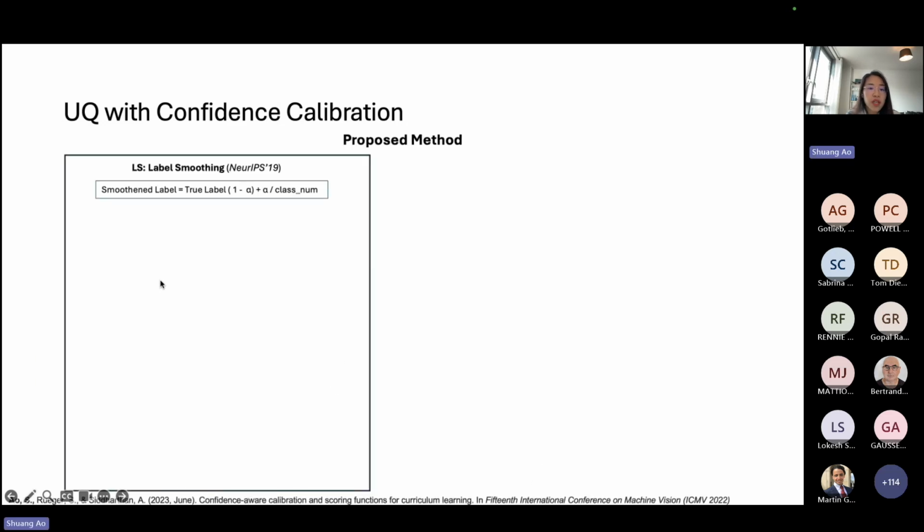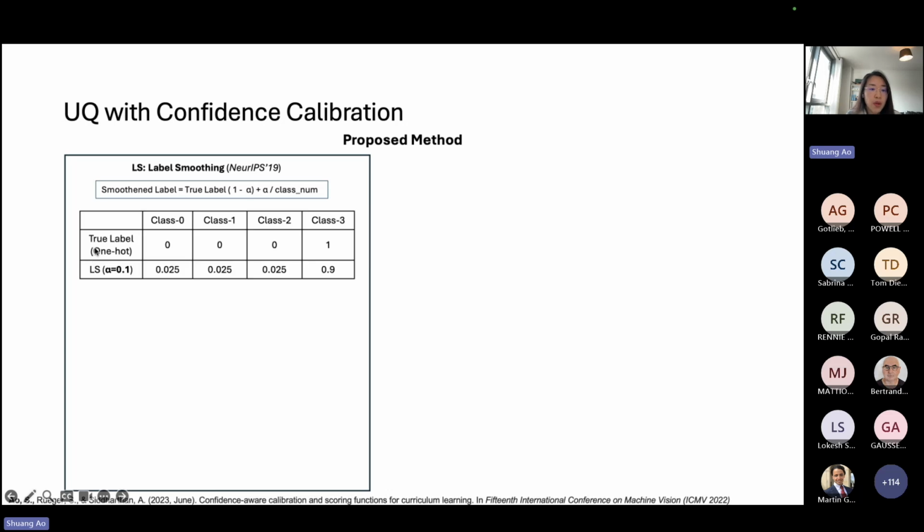First, the label smoothing. In label smoothing, we smooth the true label, meaning the ground truth. For example, your true label is always a one-hot label like 0001. After label smoothing, the label can look like this, and only the true label has the highest number.